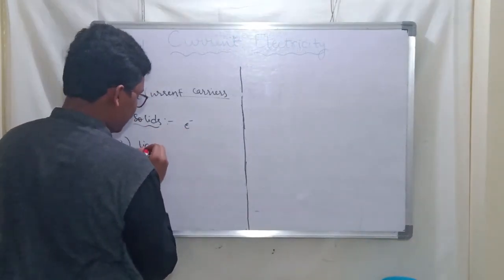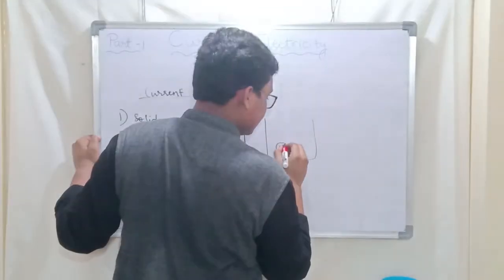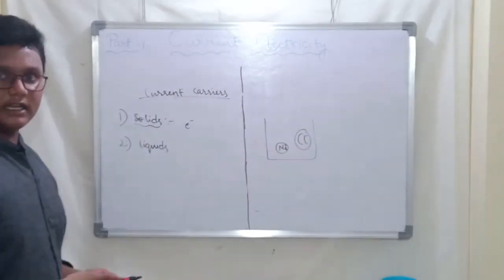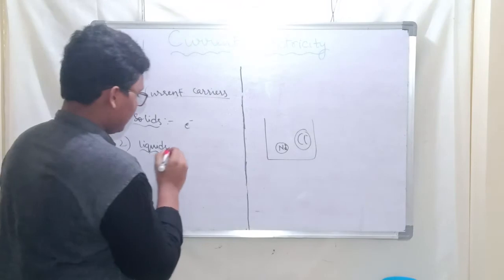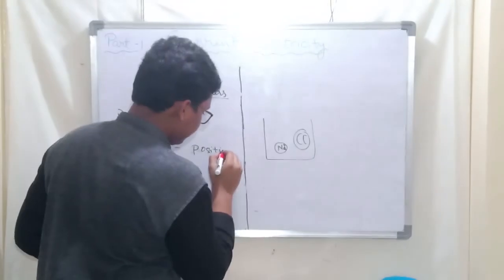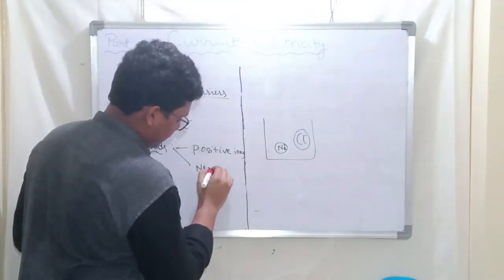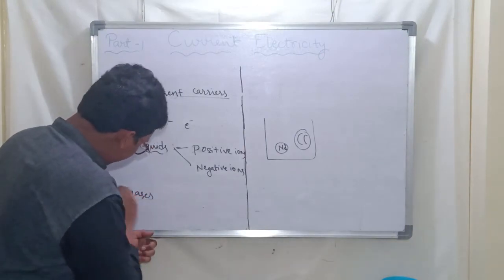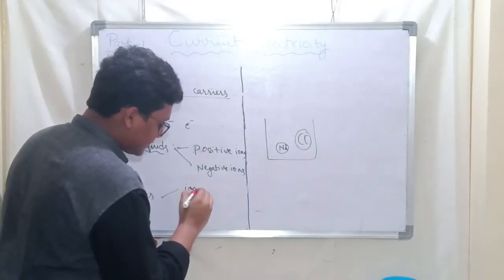In liquids, in electrolytes, for example NaCl, Na plus and Cl minus are free, so they will conduct electricity because the free ions have space to go. So in liquids, positive ions and negative ions are the carriers. In gases, mostly all are insulators, but highly ionized gases, like in X-rays, conduct.